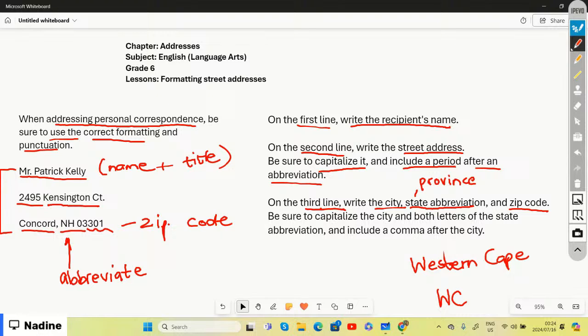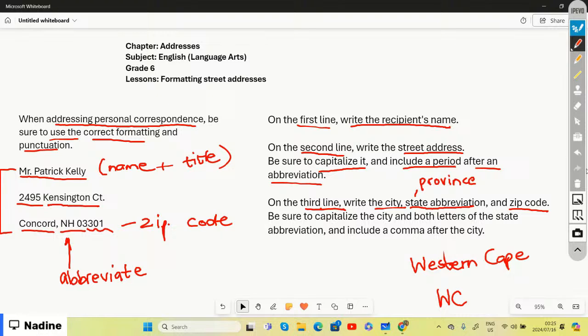It's basically called a state because certain countries call it a state, certain countries call it a province, but I think it's basically equivalent to the same. Yes, I think that is what I'm saying.